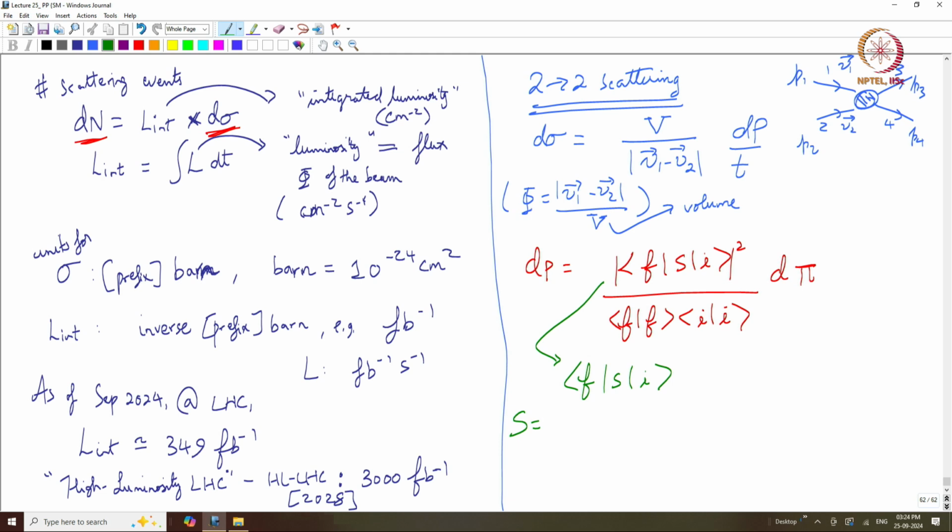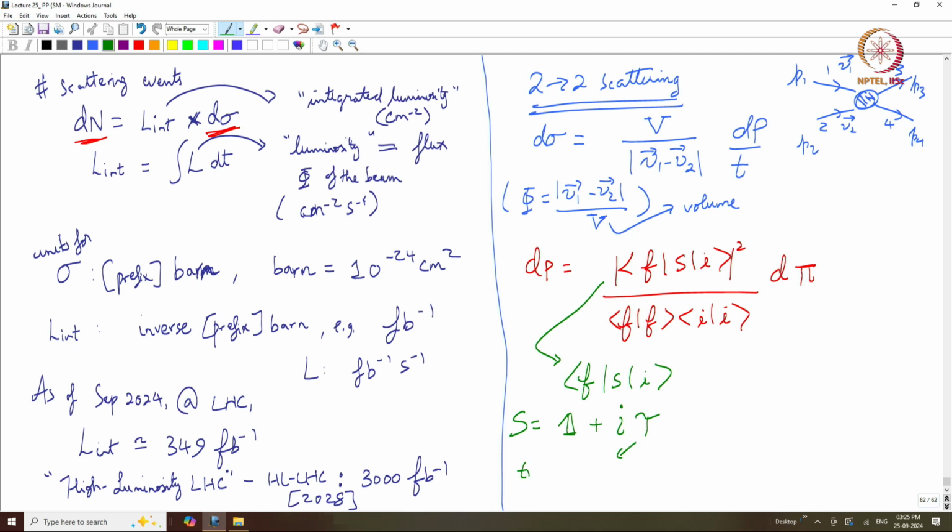Remember this again from quantum mechanics. The S matrix contains a term that accounts for no transition. This is just plane waves going into plane waves, right? If an electron is just traveling along, that's captured by the first term, which is nothing but the identity. But crucially there is a transition amplitude also, right?